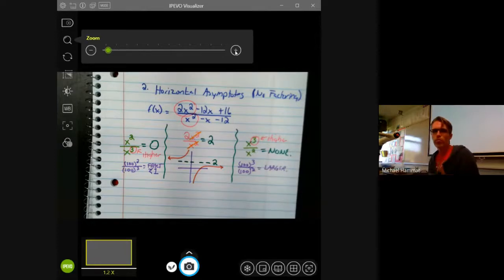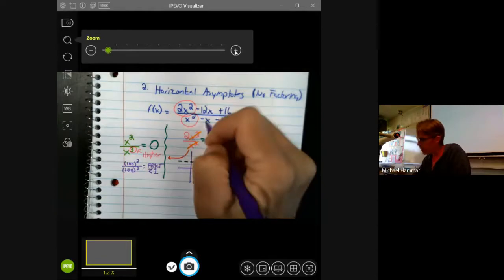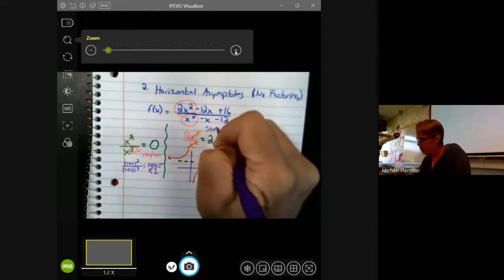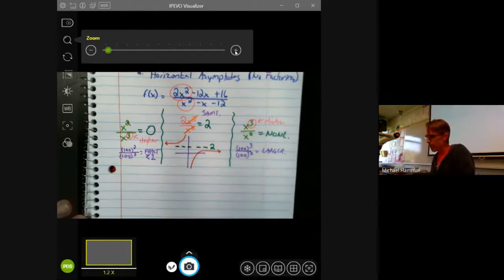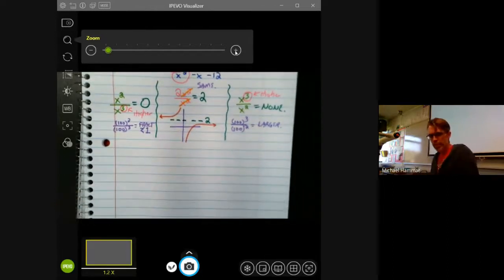There is going to be no horizontal asymptote if the degree on the top is bigger than the degree on the bottom. Now, you'll notice in the middle here, the degree is the same. If they have the same degree, you divide them, and whatever you get is going to be your horizontal asymptote. So, those are our key things.